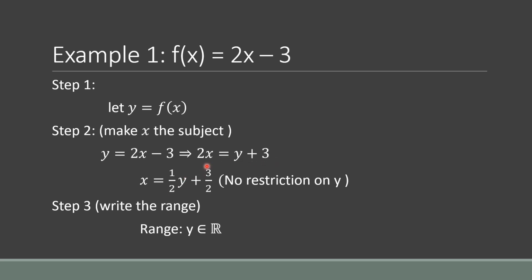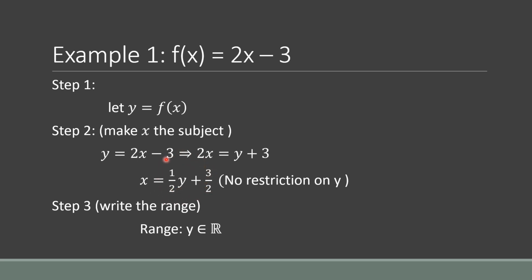When you divide both sides, or each term, by 2, we end up with x equal to 1 over 2 y plus 3 over 2, which is a polynomial in terms of y. If you look at this expression now, x is the subject, and the expression is in terms of y. Why? Because we are trying to find the range.